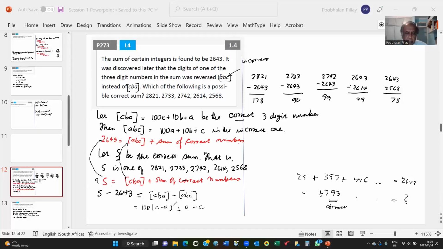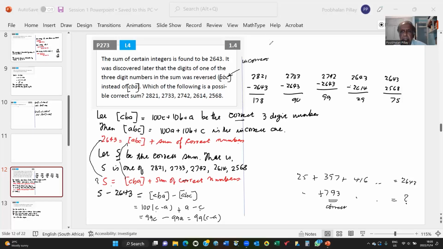Now you've got 100C. If you expand this, you get 100C minus C, which is 99C. And here you've got minus 100A plus A, so that becomes minus 99A. And you see that 99 is a common factor. You take it out. So what does this say?